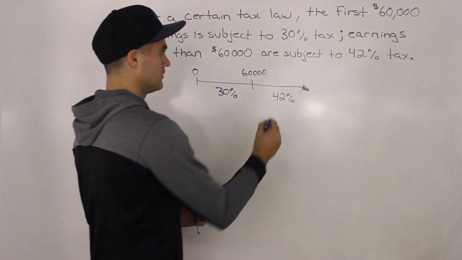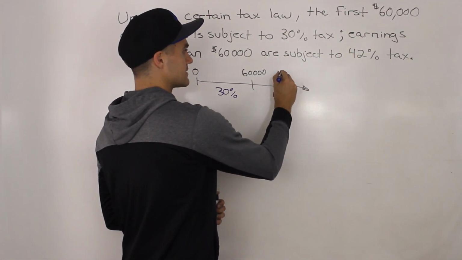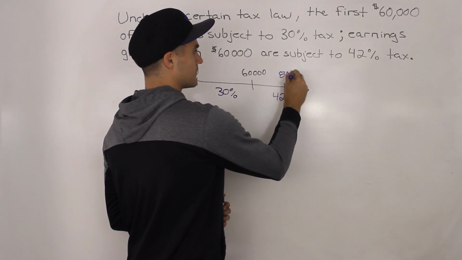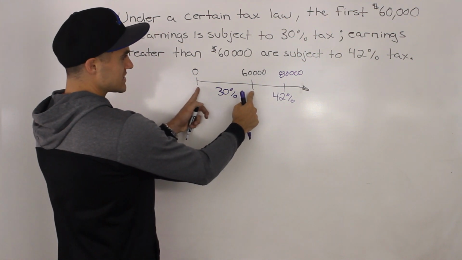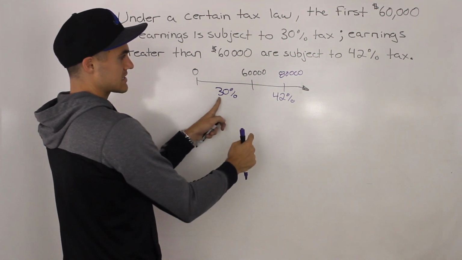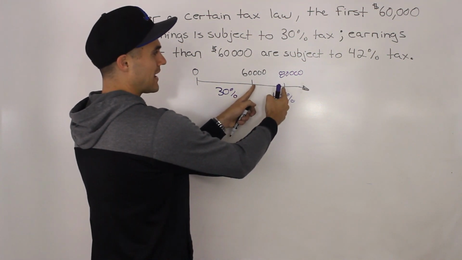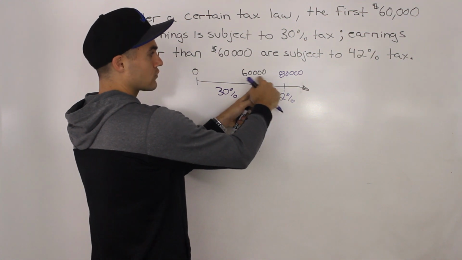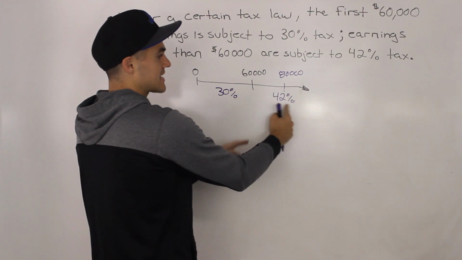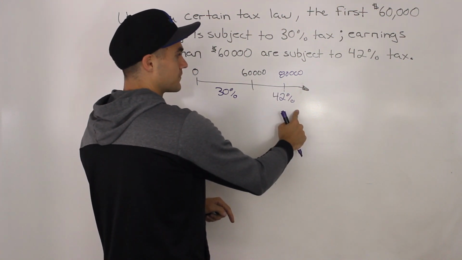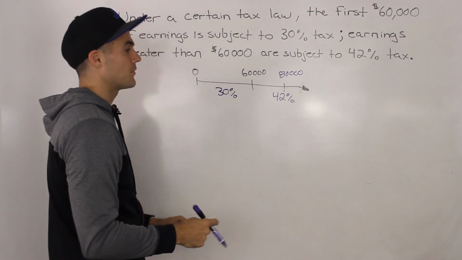So for example, let's say that you make $80,000. Well, what's going to happen is that first $60,000 is going to be taxed at 30%, and then that remaining $20,000, the amount over $60,000, right? $80,000 minus $60,000, $20,000, is taxed at 42%. Right? So that's just an example.